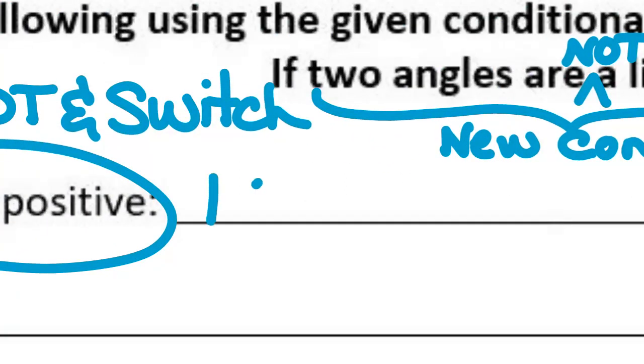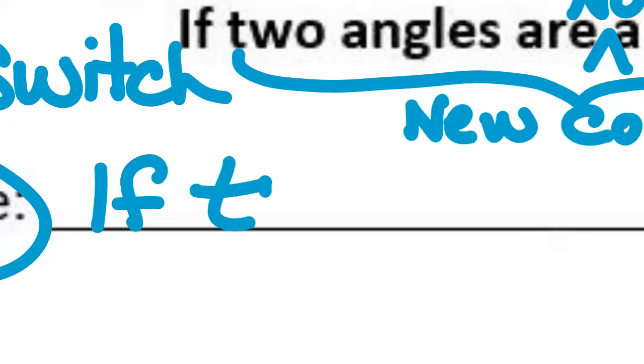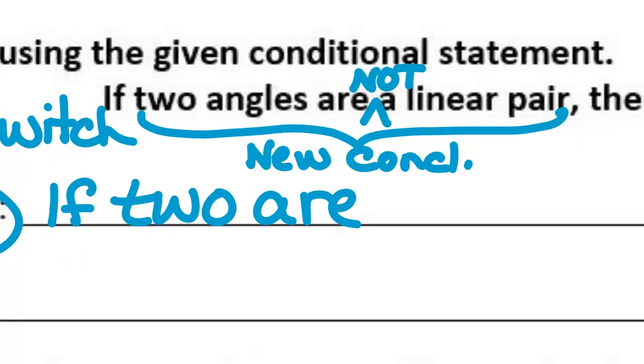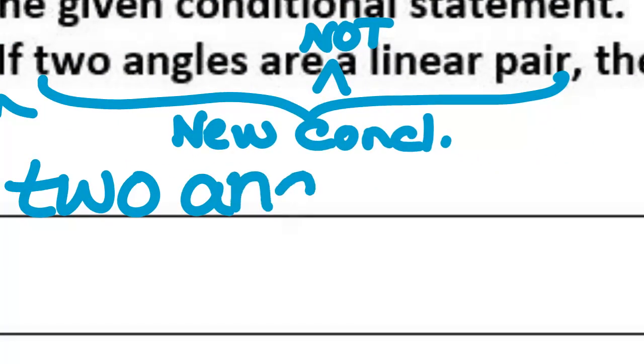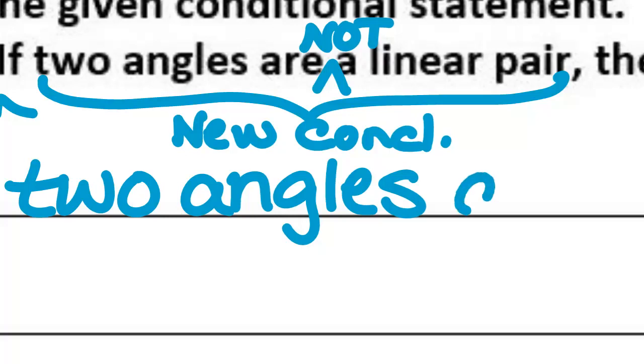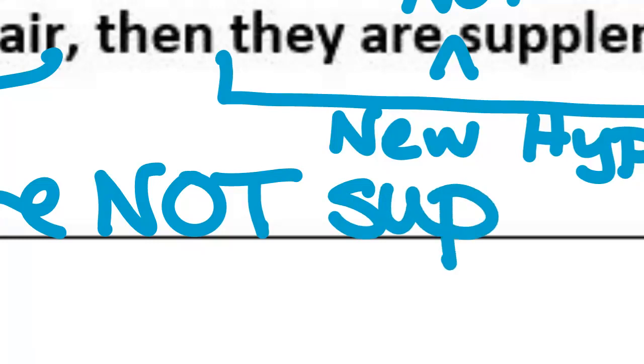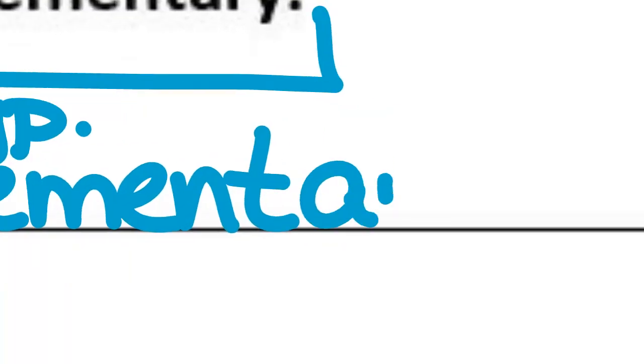So if what? If two angles are not supplementary, let me get that much written down, but you're absolutely right. If two angles are not supplementary, then what?